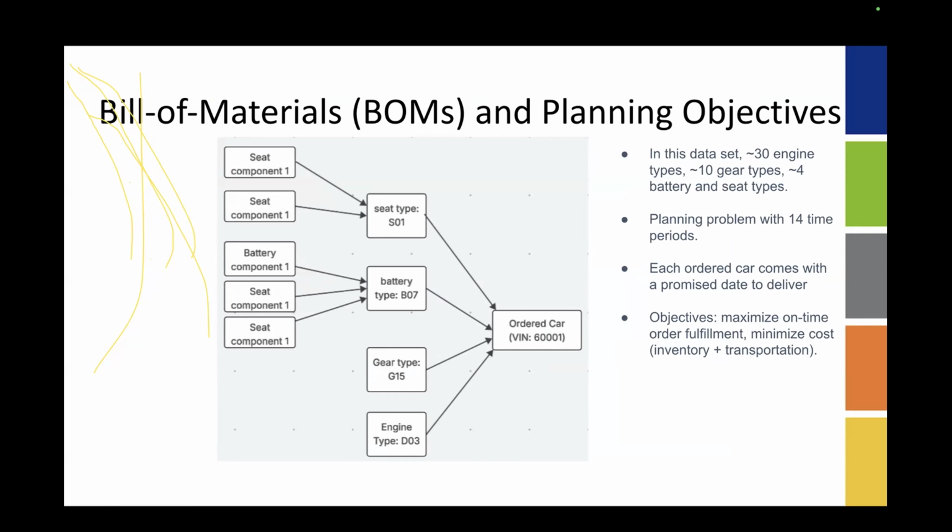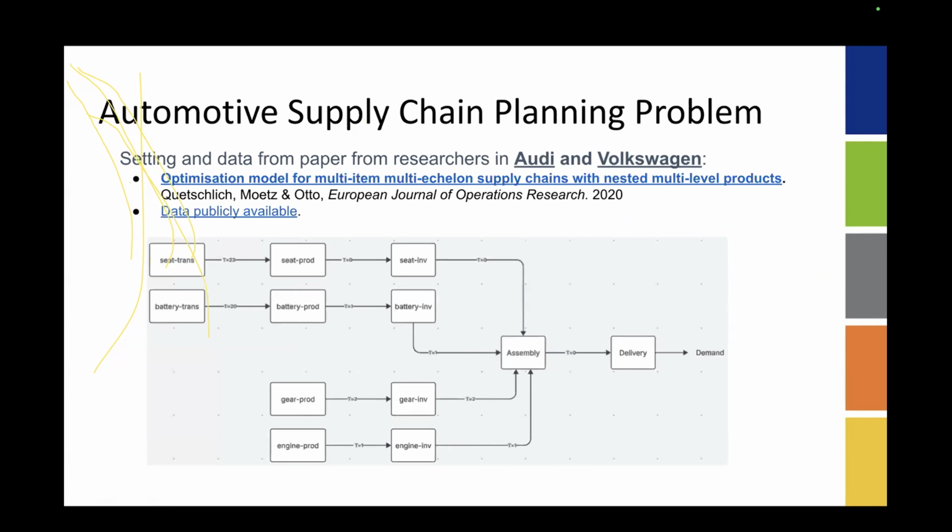So for one car, you need a specification of which type of engine it needs, which type of gear, battery, and seats. Essentially, for each ordered car, you have a tree-like structure, a so-called bill of materials, and those products are what's actually flowing on this supply chain graph.